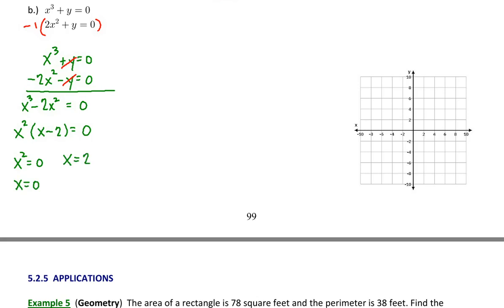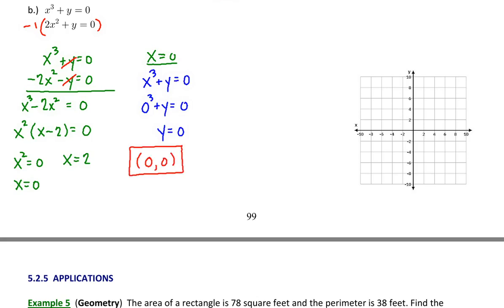So let's find the corresponding y values for these x values. When x is equal to 0, I'm just going to use that first equation, but remember you can use either one, to plug 0 in for x and then solve for y. Clearly we're going to get y equals 0. So one intersection point of our two curves will be the origin 0, 0.